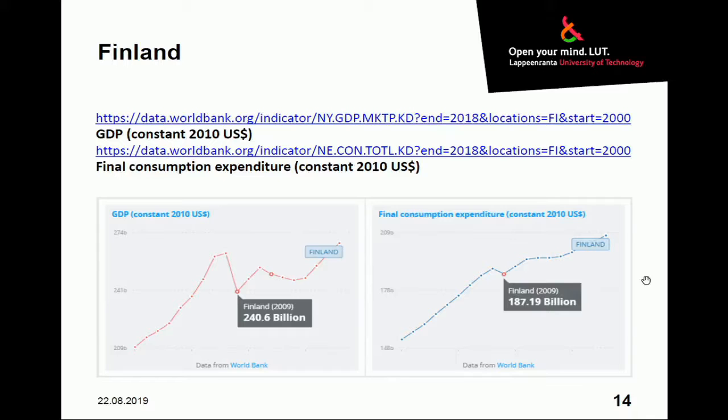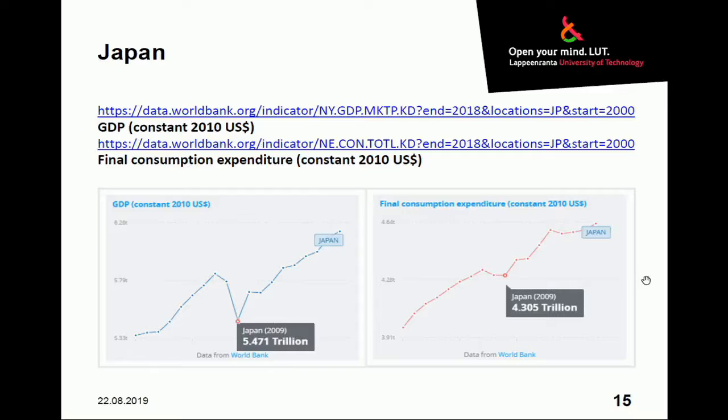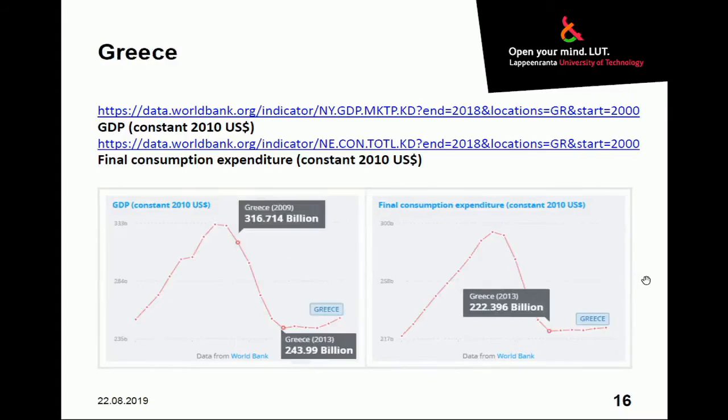So we can see here some non-linear dependencies that caused some problems when we used our procedure. And Japan, the same with Japan, some peculiarities in the development of macroeconomic indicators.